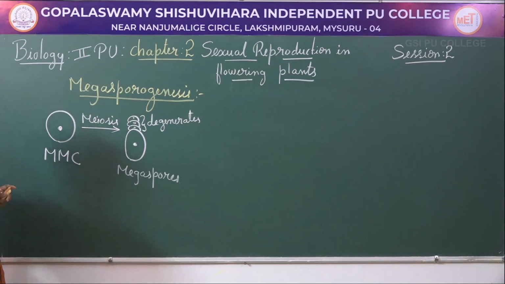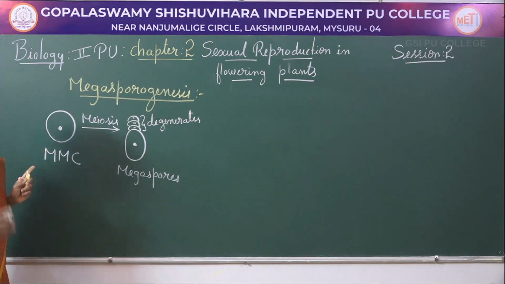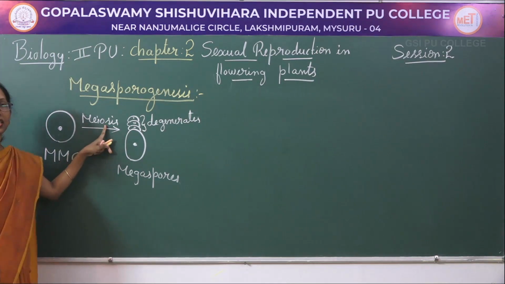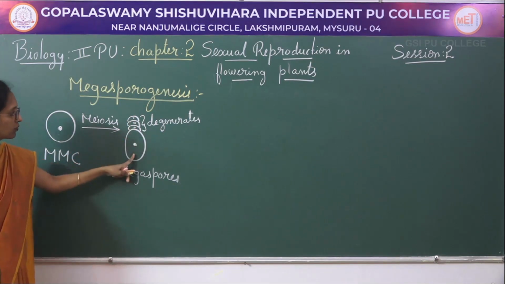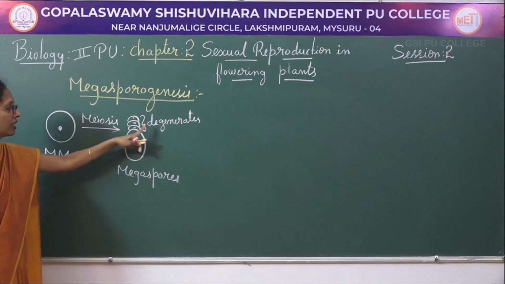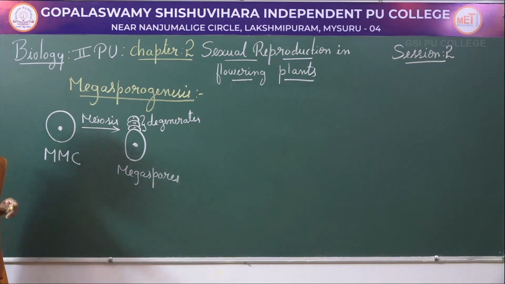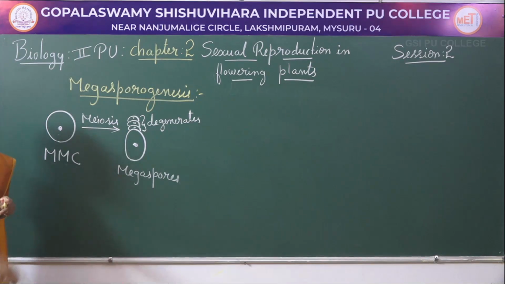This process is said to be megasporogenesis. So now within the nucellus towards the micropylar region, only one cell acts as a megaspore mother cell, which undergoes meiotic division that results in the formation of 4 cells. Out of these 4, the upper 3 smaller ones degenerate and the larger one is said to be the megaspore. Now this megaspore finally undergoes mitotic division.